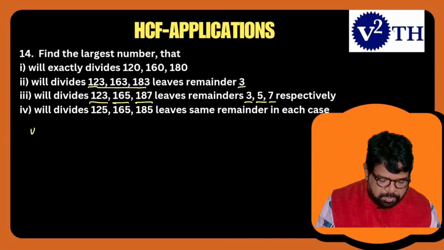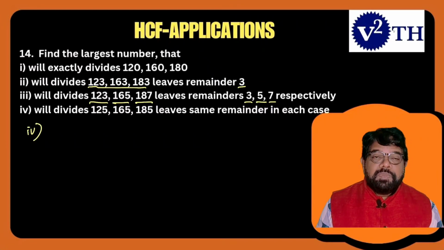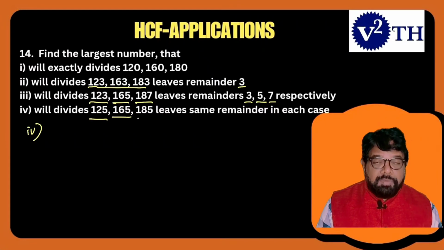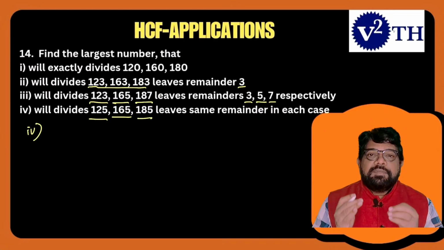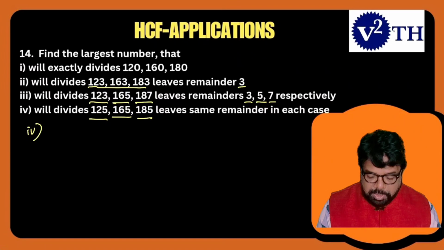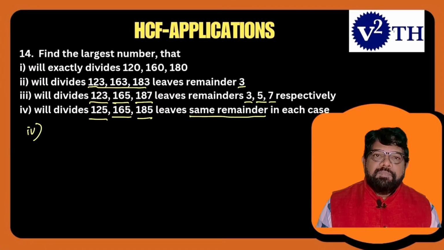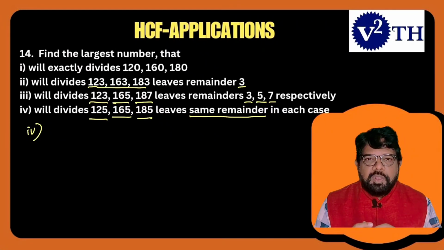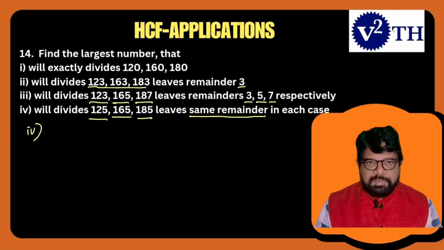Find the largest number that will divide 125, 165, 185, leaves the same remainder in each case. A very, very important keynote is the same remainder. So in the question, same remainder is given. You have to calculate the HCF of the possible differences.